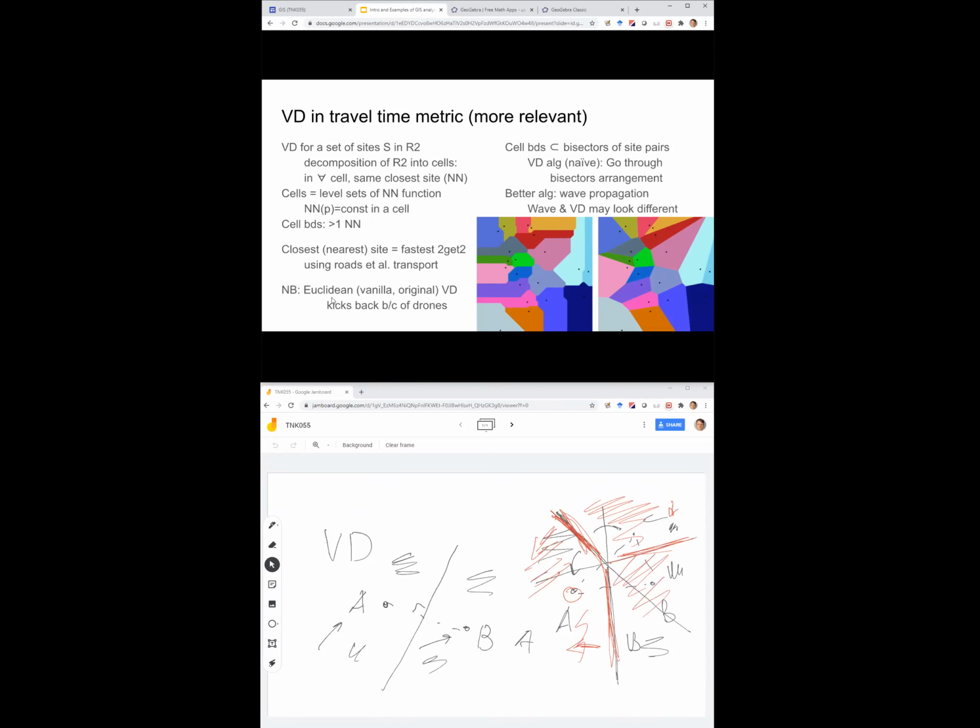And by the way, when we're talking about the Euclidean Voronoi diagram, the original Voronoi diagram, if we're talking about distribution centers like post offices, but you would be using drones to deliver packages from those centers, then again the original Voronoi diagram, like what we have here in the Euclidean metric, kicks back. All of a sudden it makes sense again.